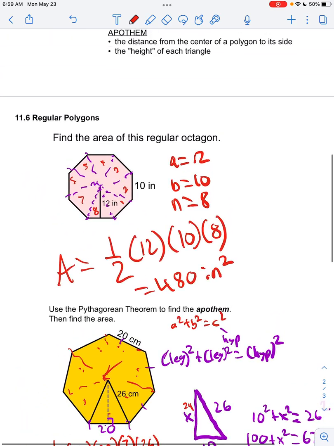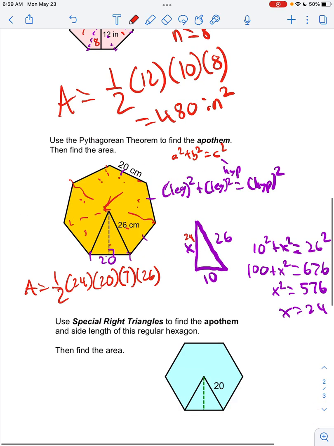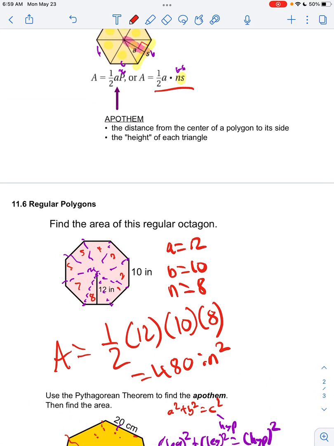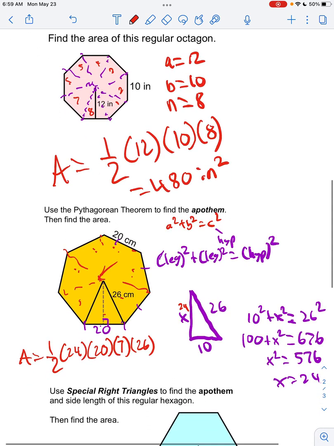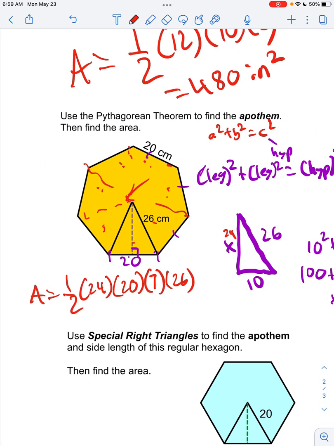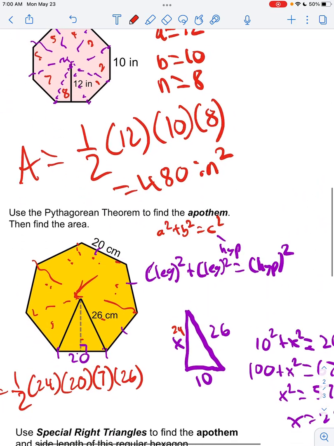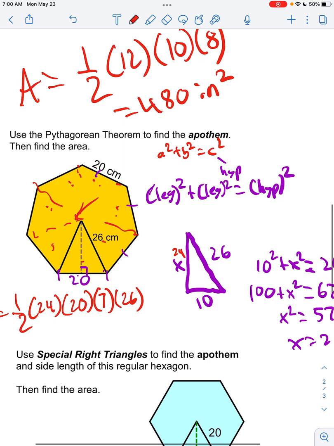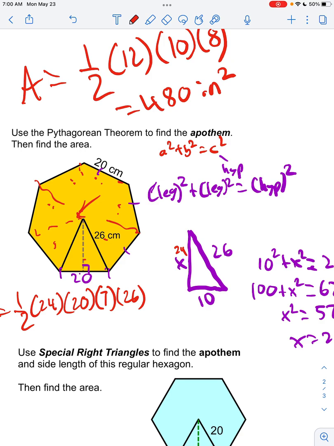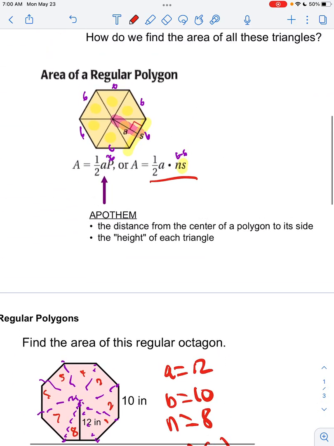So basically I'm using this formula right here. 1/2 times A, excuse me. I think I've got an extra piece of information in here. 1/2 times A times N times S. One half times A times N, which is 7, times S, which is 20.